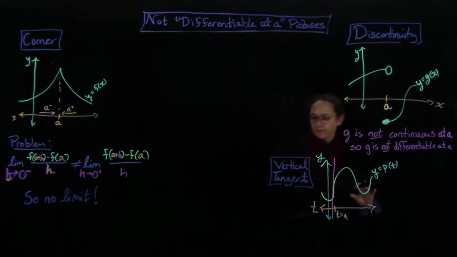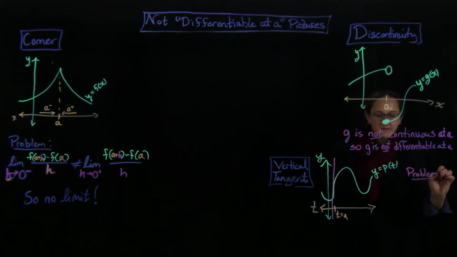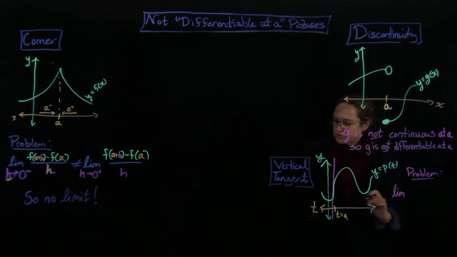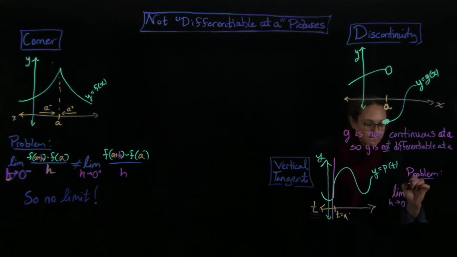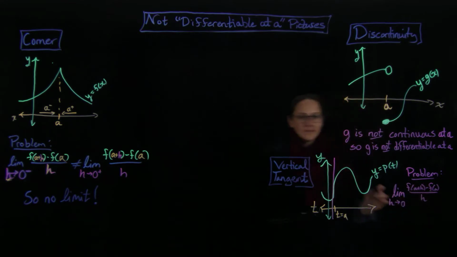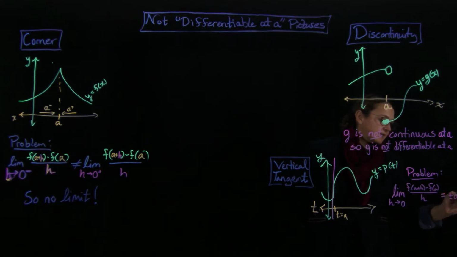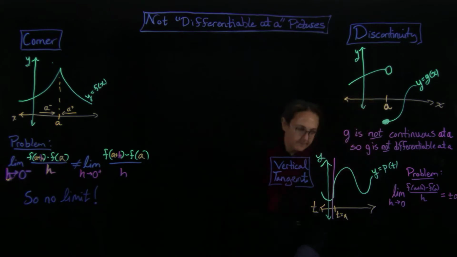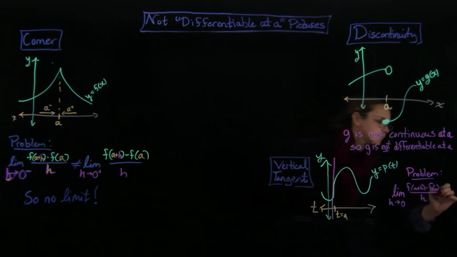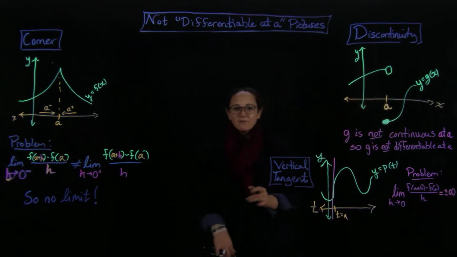The problem, written formally in a mathematical sense, though you could just identify it as the tangent line being vertical, is that this limit, as h goes to 0 of f of a plus h minus f of a divided by h, the same limit that should give me the derivative, actually equals plus or minus infinity.